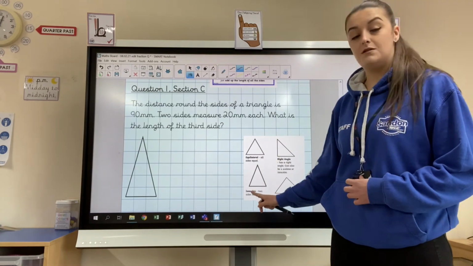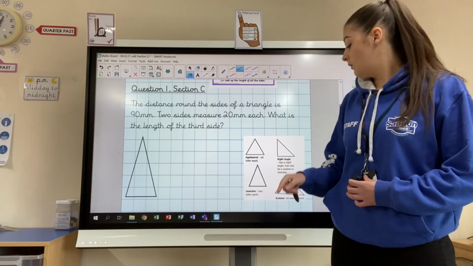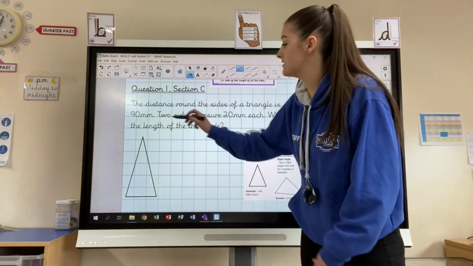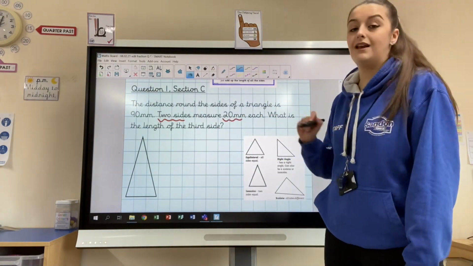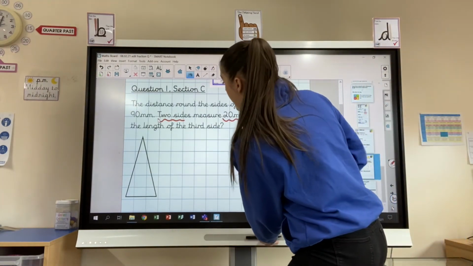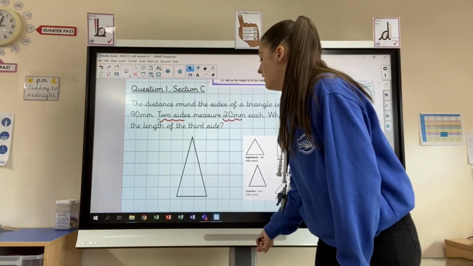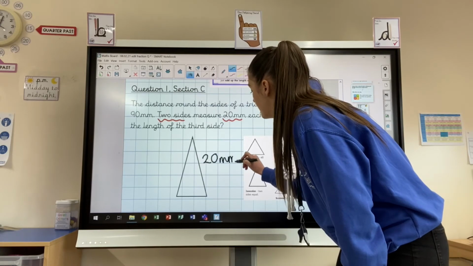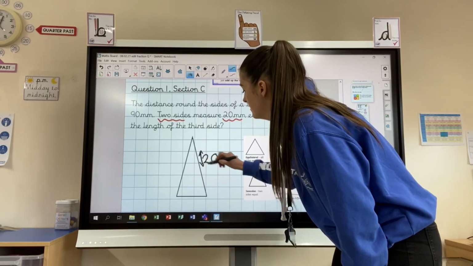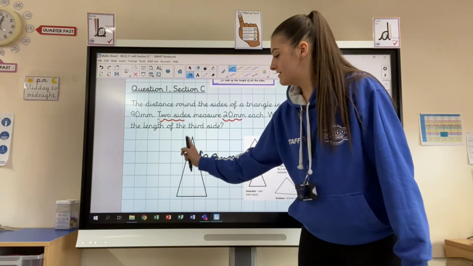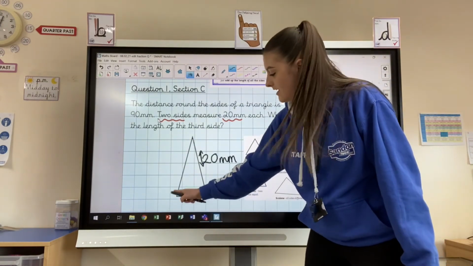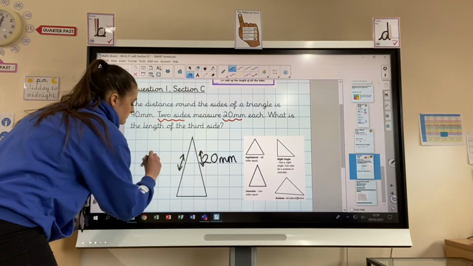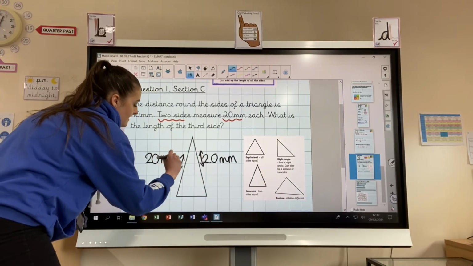It's most likely going to be an isosceles triangle where two of the sides are equal because it's told us that two sides measure 20 millimetres each. So if I get this triangle, I'll move it over, you could draw a triangle out in your book. This side here measures 20 millimetres going up this way. Now the same length on this side here, that measures 20 millimetres as well, because two sides measure the same, okay?